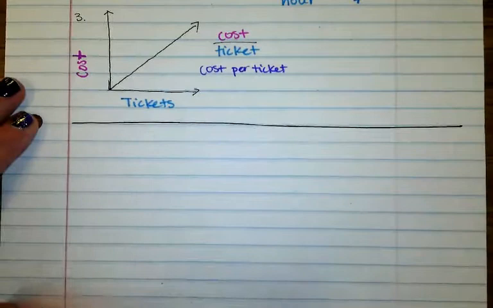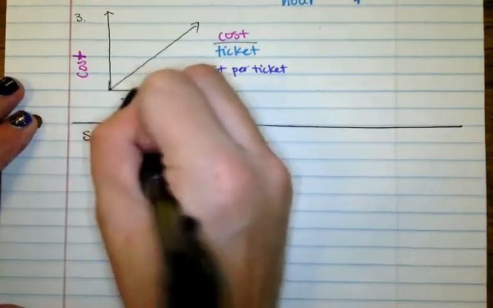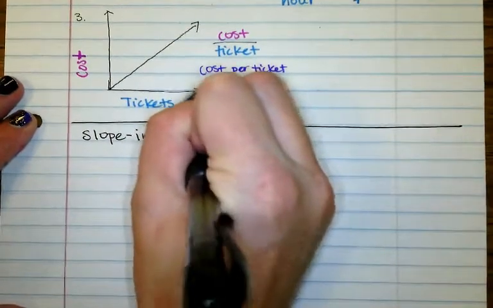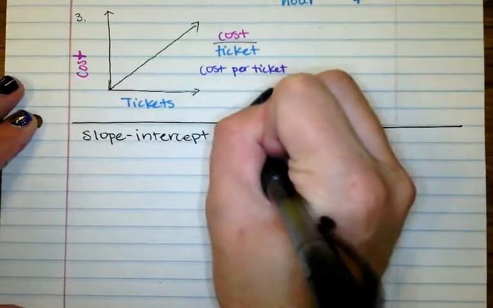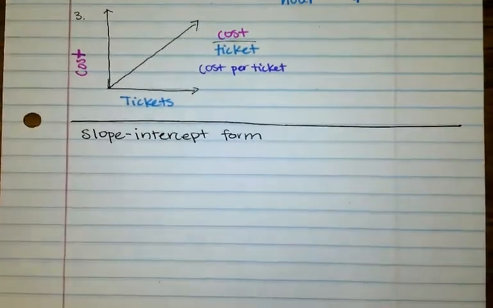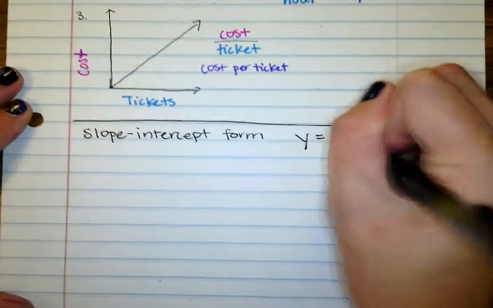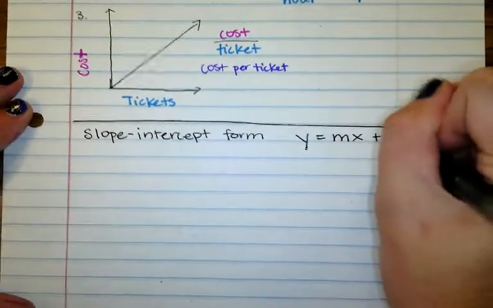Good job, McCullough. All right, so here we go. We have y equals mx plus b. We are going to talk about slope-intercept form. So, guys, in this case, this m represents what?